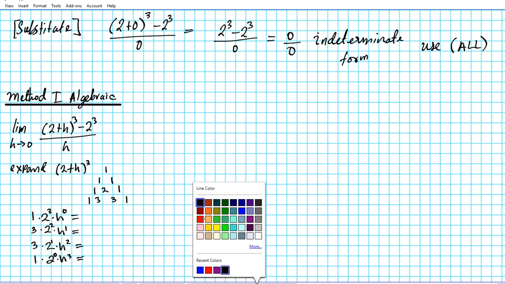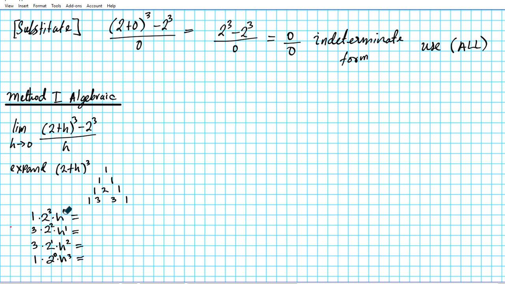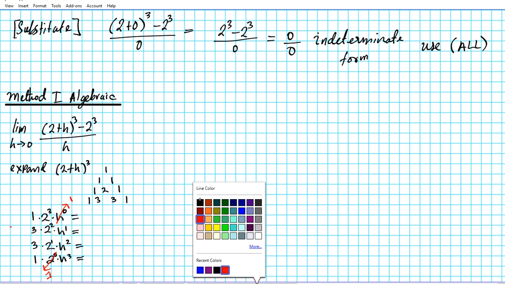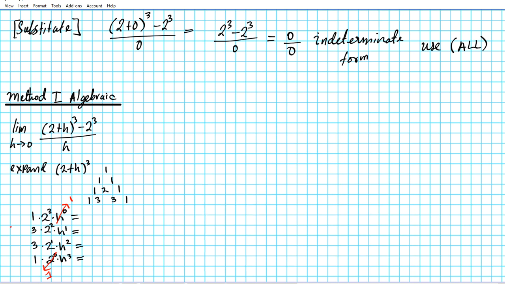We know what happens when you raise a number to 0. It becomes 1, so this is going to be 1 right here. And this 2 to the 0th power will be 1 also, so we don't have to waste our time with that. Upon expanding, 2 to the third power times 1 is 8. 2 to the second power is 4 times 3, which is 12h.